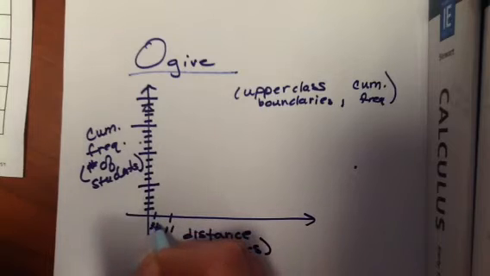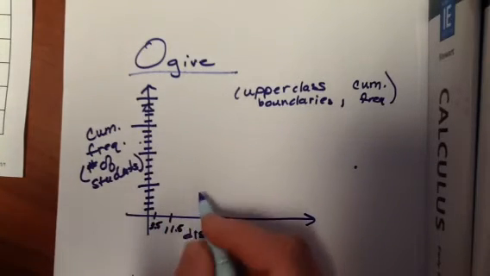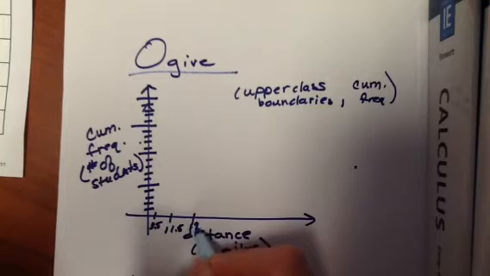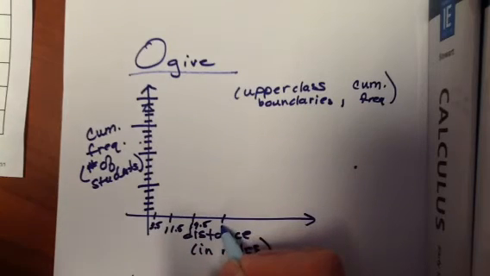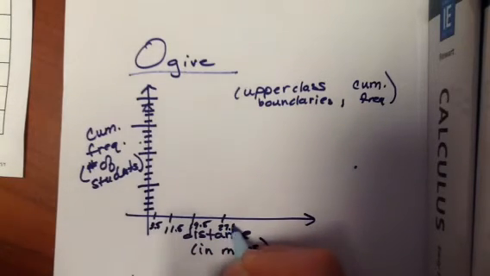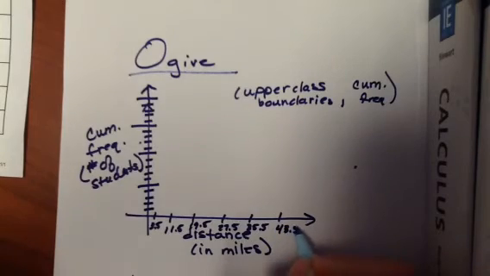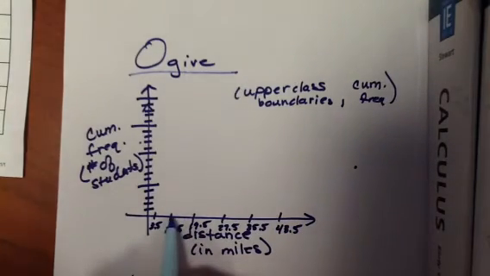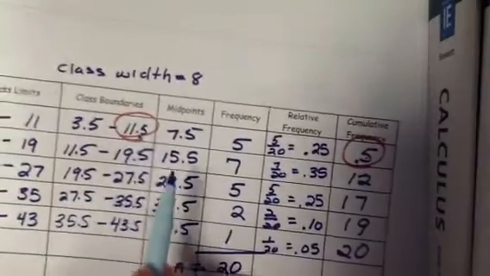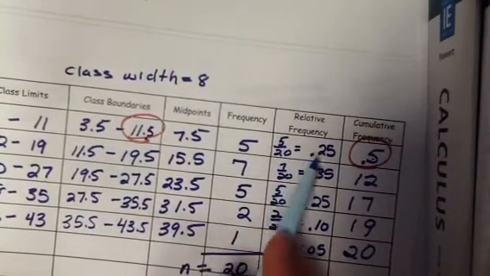Well, we'll do all of them. 3.5, 11.5, 19.5, 27.5, 35.5, and 43.5.